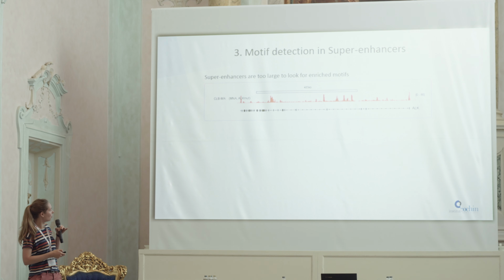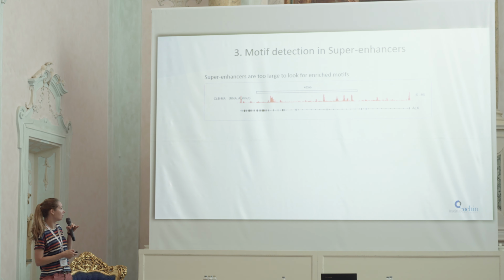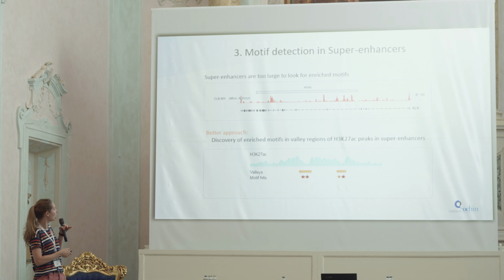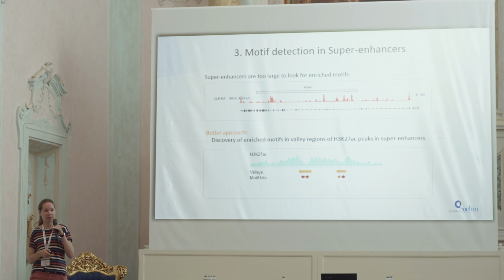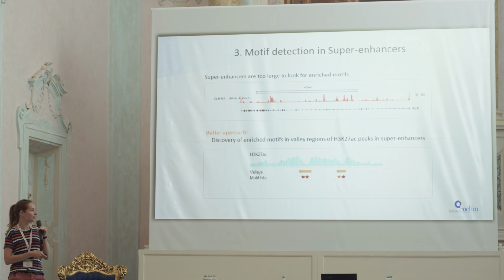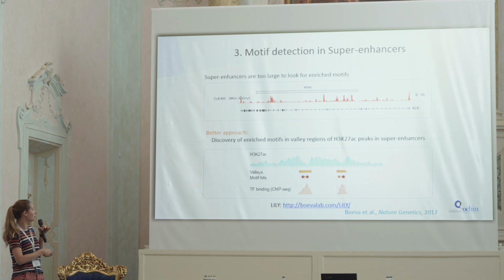So what we suggested is that you should not look for motif enrichment in these regions, but instead you should zoom in to peaks here, find valleys in the signal in these peaks, and look for motifs in these valleys, because these valleys correspond to putative transcription factor binding. This is experimental data for some transcription factor.